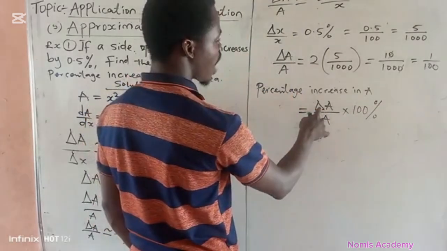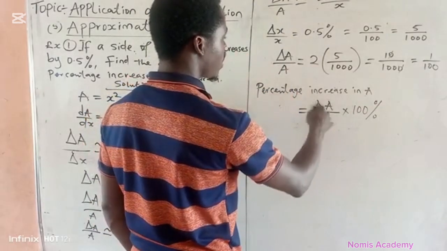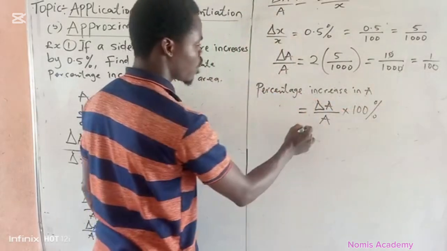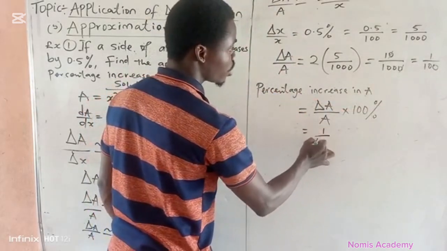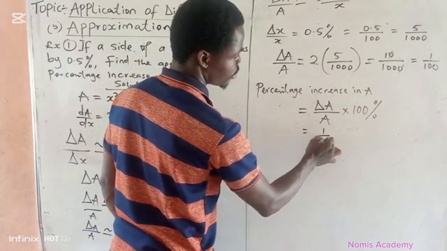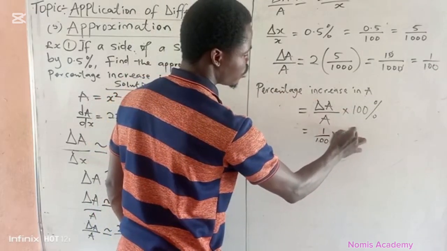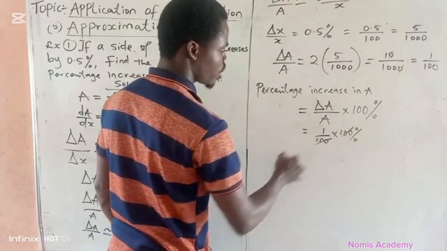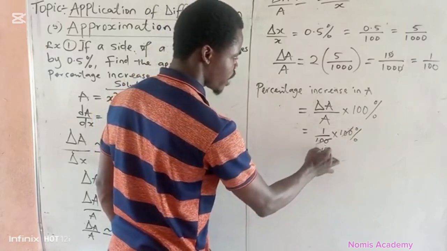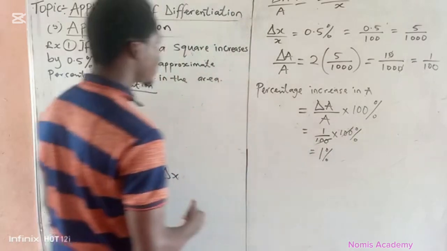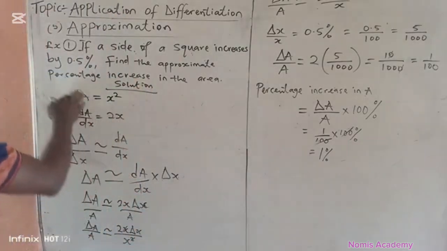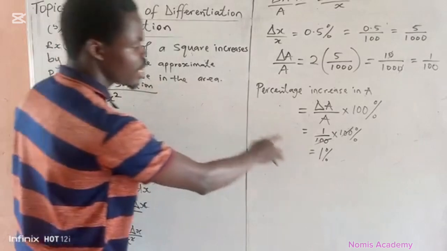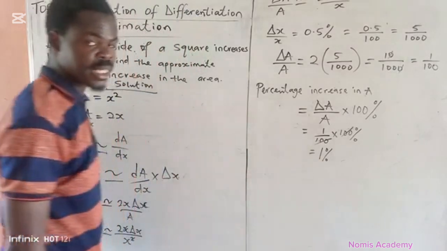We know our relative increment in A, which is 1 over 100, so we have 1 over 100 multiplied by 100%. 100 cancels 100, and we are left with 1%. So the approximate percentage increase in the area is 1%.